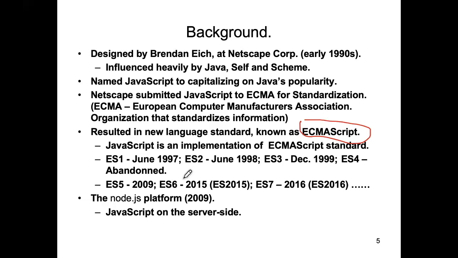The landmark one was in 2015, which we call ES6, ECMAScript 6. So you'll often hear me, and perhaps Roseanne as well, in web dev talking about pre and post ES6 JavaScript. We often refer to ES6 JavaScript as modern JavaScript.